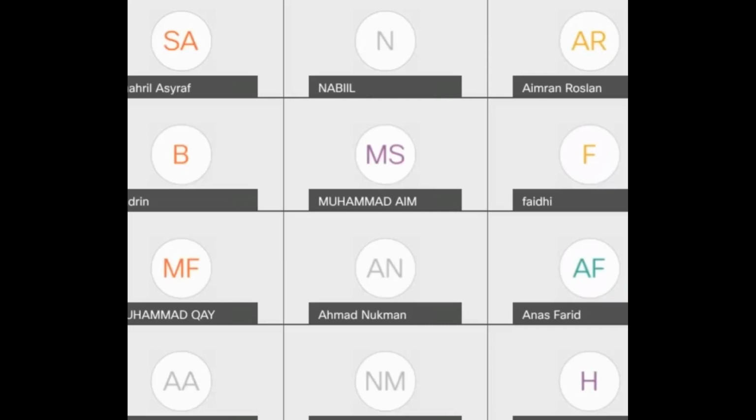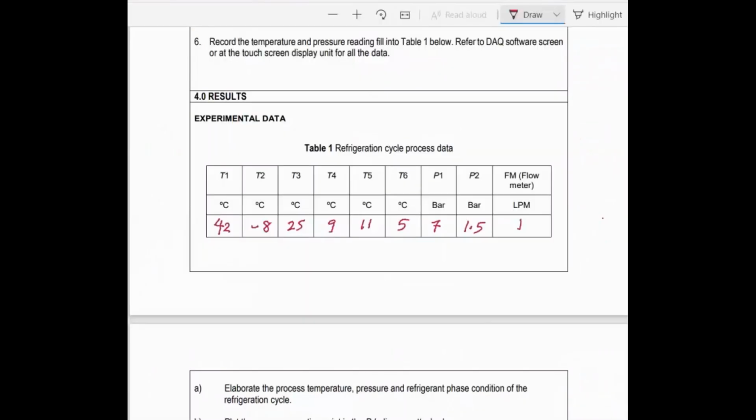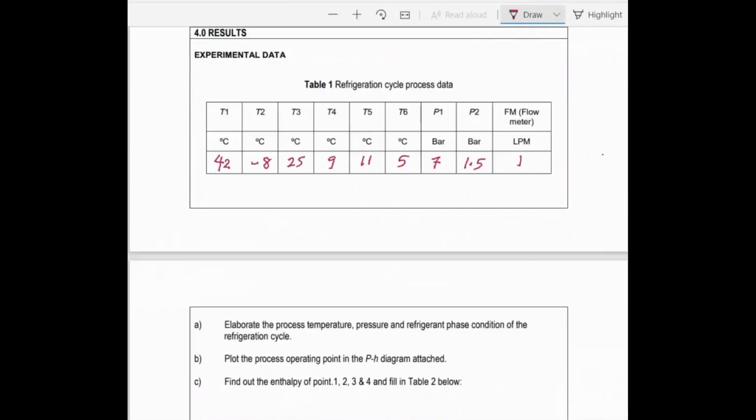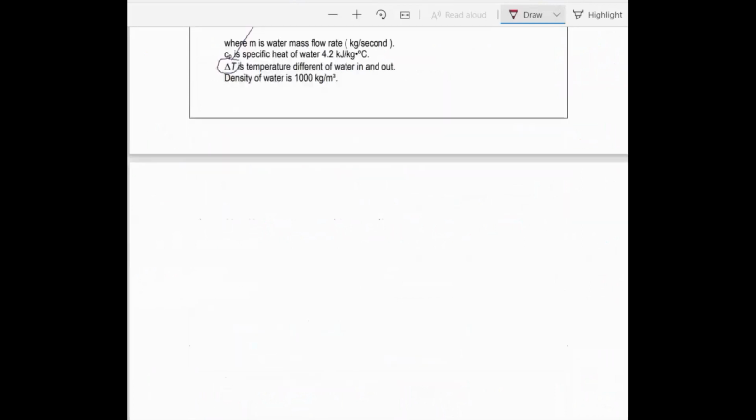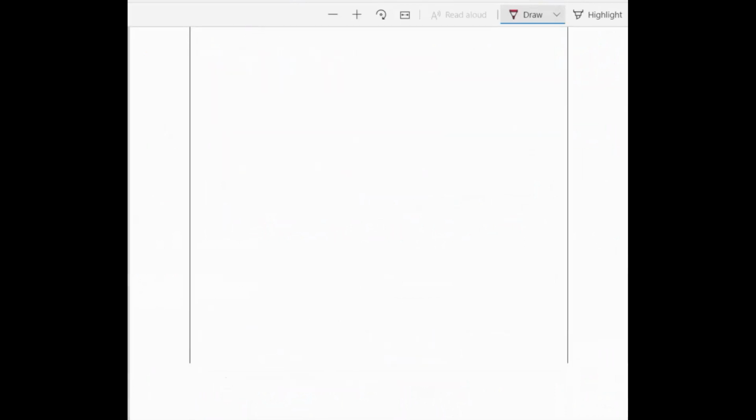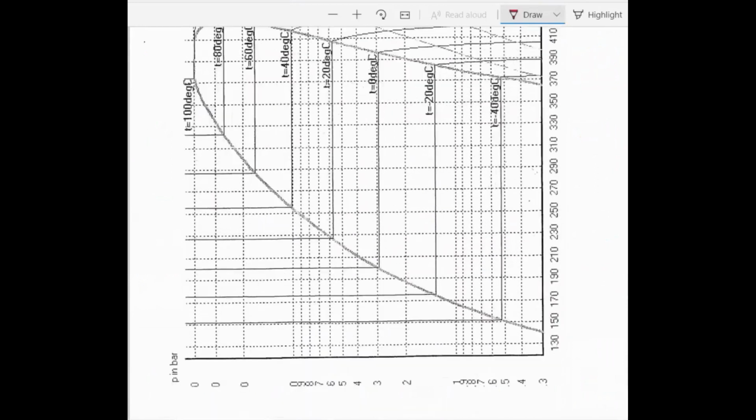This is the important part now. This is the raw data from group C. Based on this data, how do we transfer it to the graph? You can refer to the last page, where there is a P versus H graph.